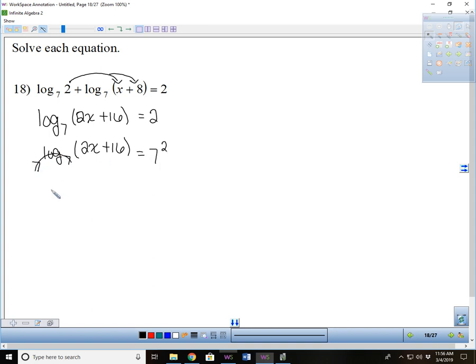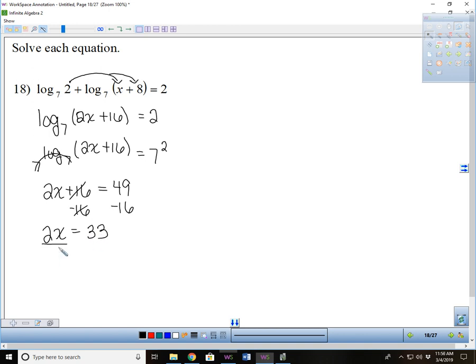So my 7 and log base 7 cancel. I get 2x plus 16 is equal to 7 squared, which is 49. And now I just solve for x. If I subtract 16, I get 2x is equal to 33.